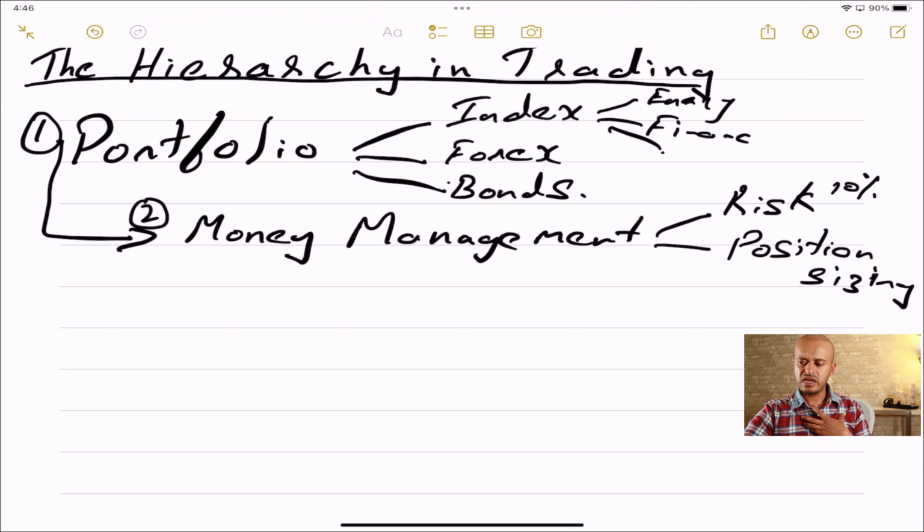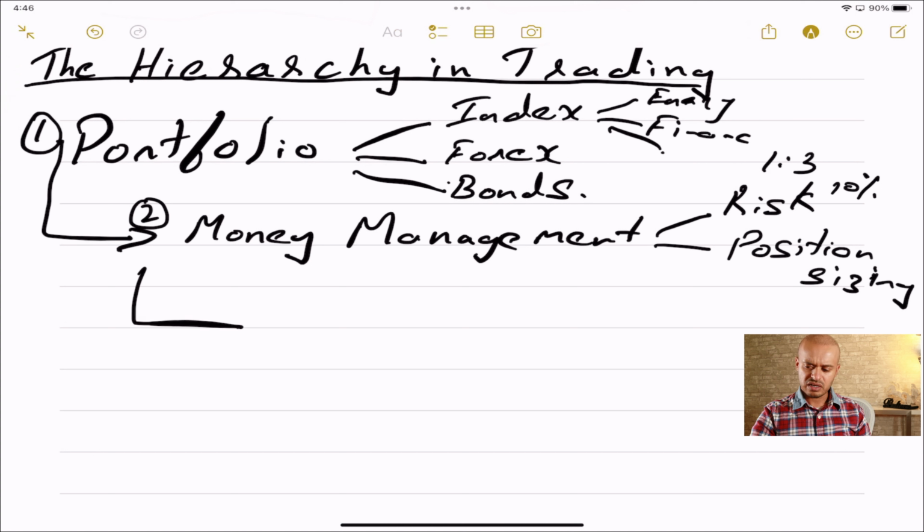Would you buy 10 contracts of it? Would you buy 100 ETFs of those? Keep in mind your money management principles. Are you going to go into a 1:3 risk reward ratio? Things like that. So money management is number 2.